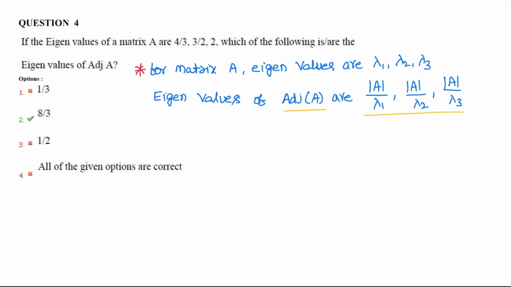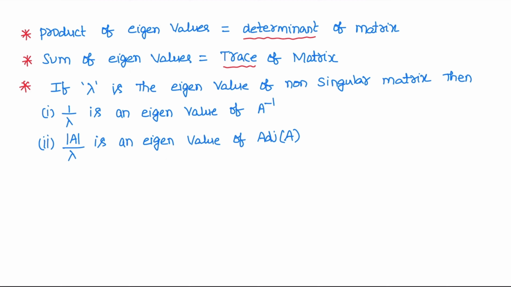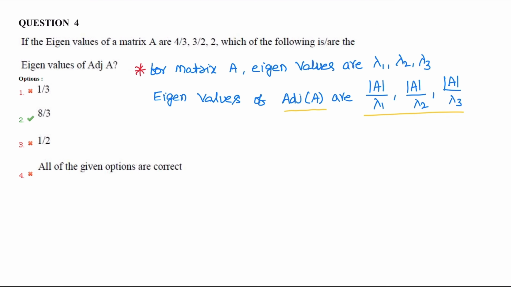let us see some more properties related to eigenvalues. The product of eigenvalues is the determinant of the matrix, the sum of eigenvalues is the trace of the matrix. If lambda is an eigenvalue of a non-singular matrix, then 1 by lambda is an eigenvalue of A inverse, and mod A by lambda is an eigenvalue of adjoint A. So using these three properties of eigenvalues, we will solve this question.